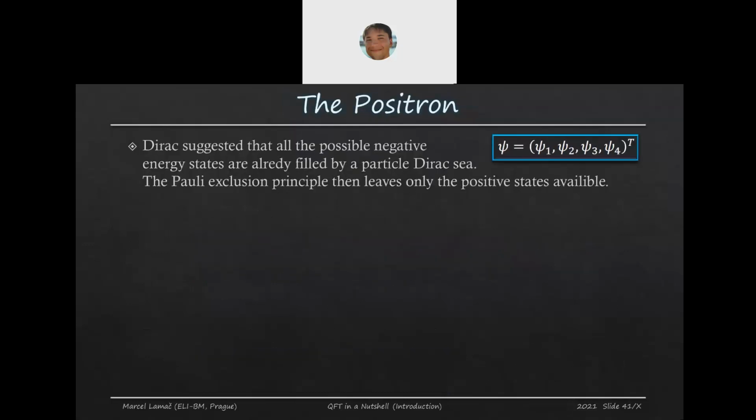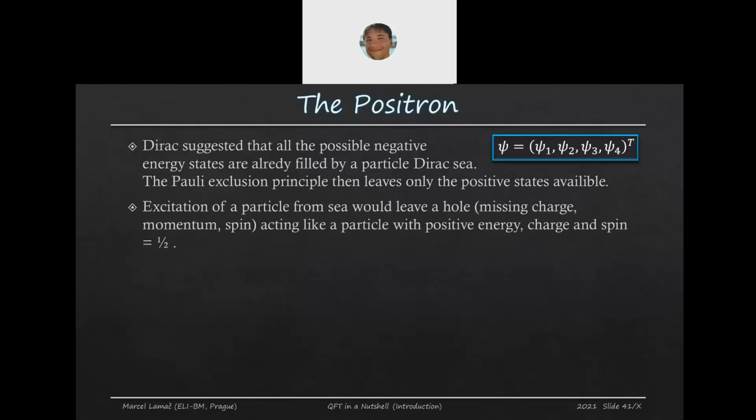Dirac suggested the following solution for what the two extra components of the wave function are. He claimed that we imagine energy states that are completely filled, what he called a Dirac sea, which is basically a sea of electrons, in the energy diagrams.